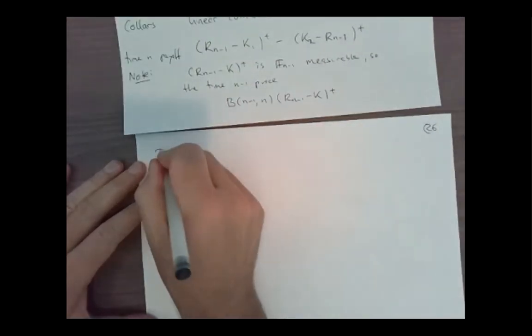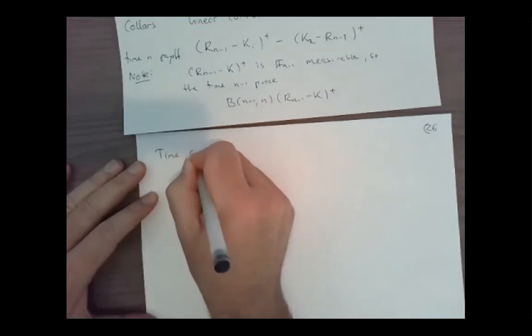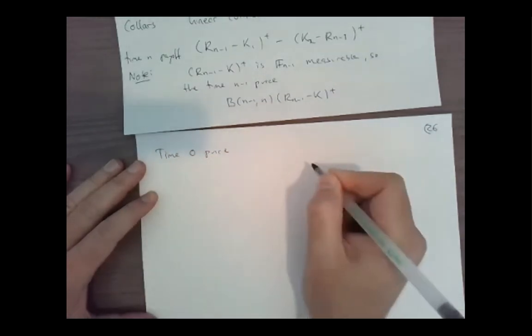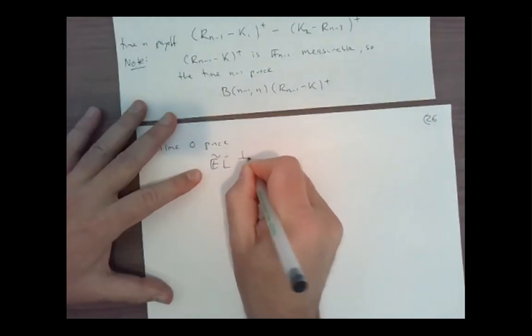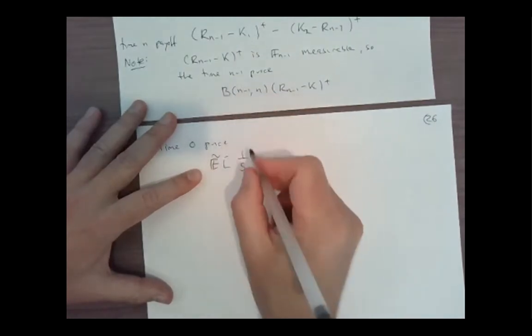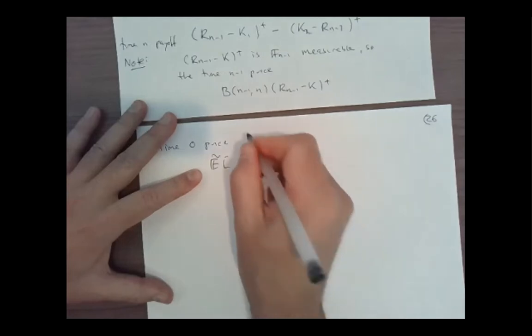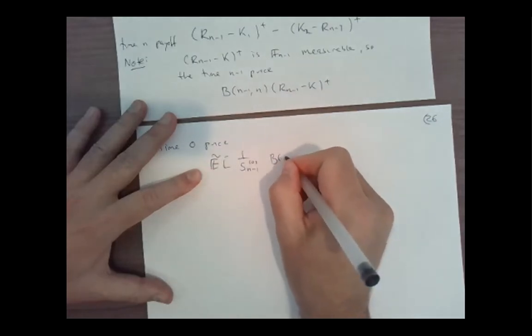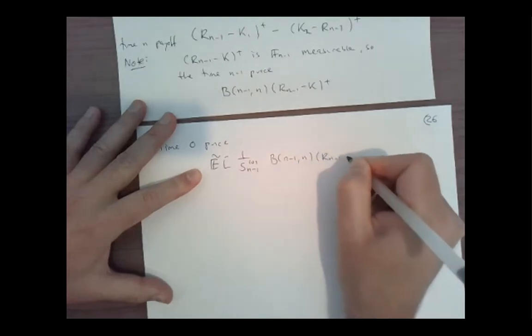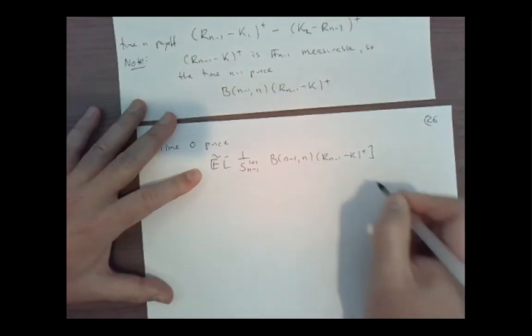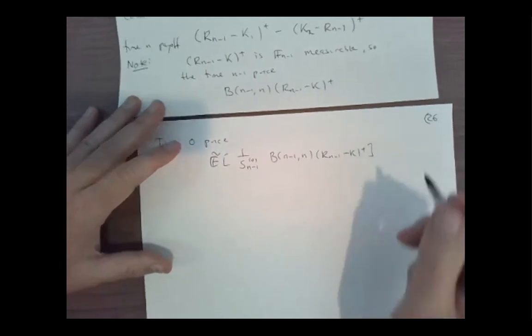So the time 0 price would be an expectation of 1 over S at time n minus 1, times this expression. So that'll be one way to do it.